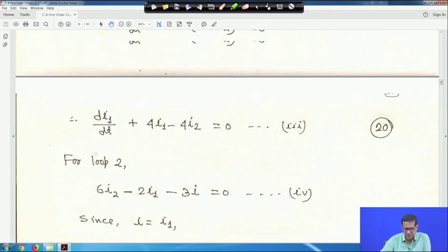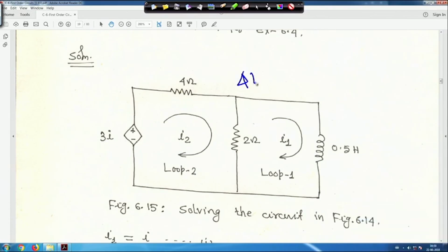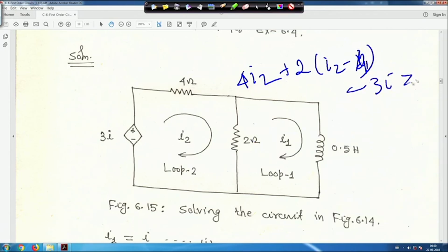Now, similarly for loop 2, if you take loop 2, it will be 4 I2, plus 2 into I2 minus I1, minus 3I is equal to 0, because a dependent voltage source 3I is there.